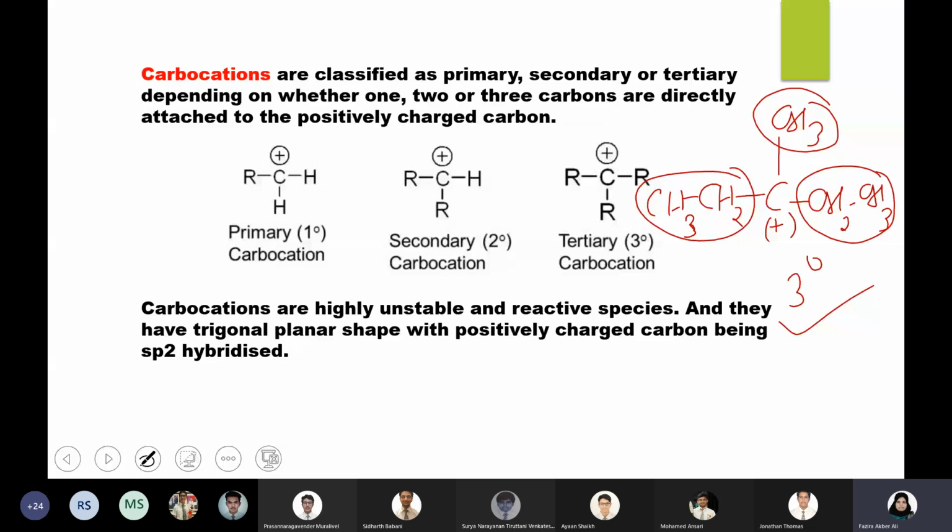So this is a tertiary carbocation. This is very important, because these carbocations will be helpful in explaining the reaction mechanism of organic reactions. At that time you will be using them. I hope I made myself clear on the classification of carbocation.